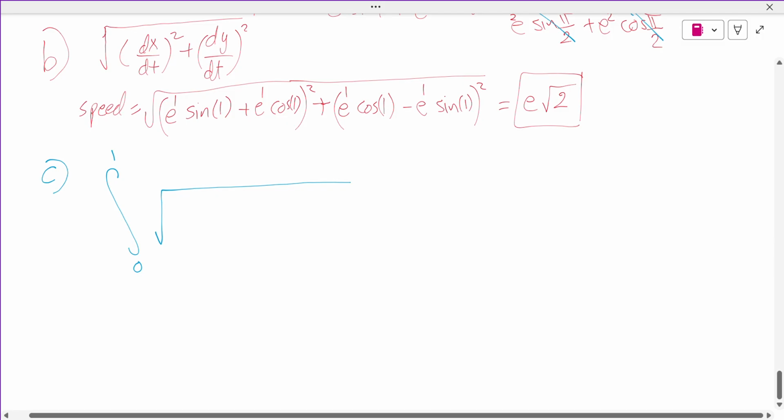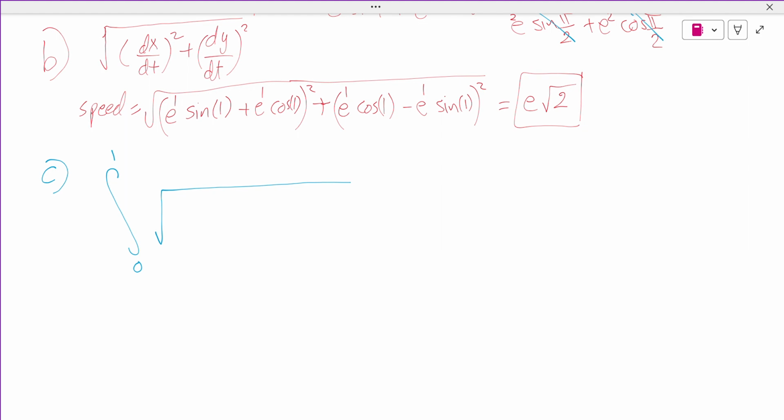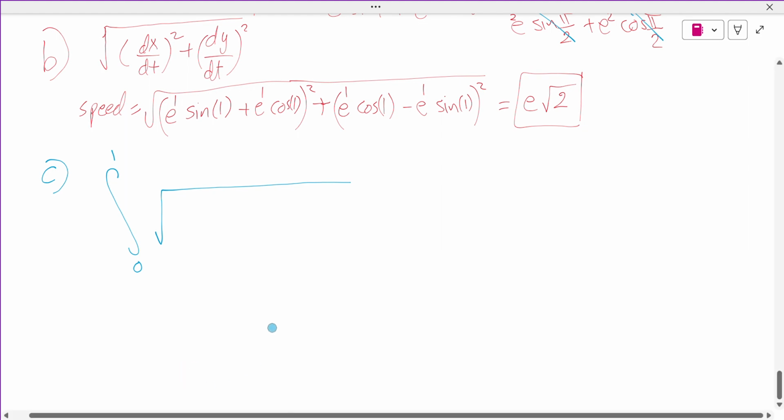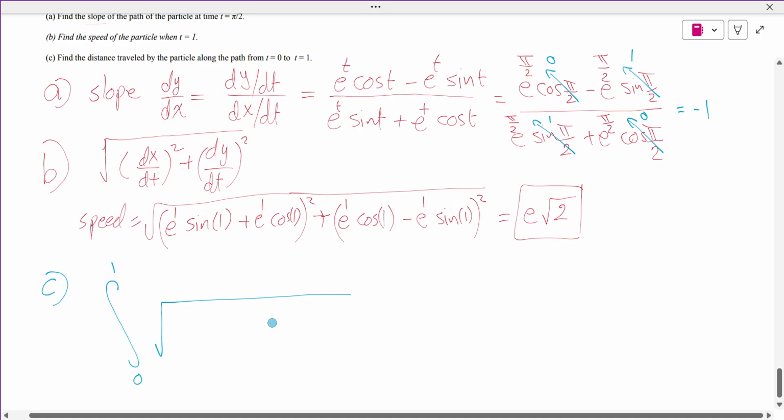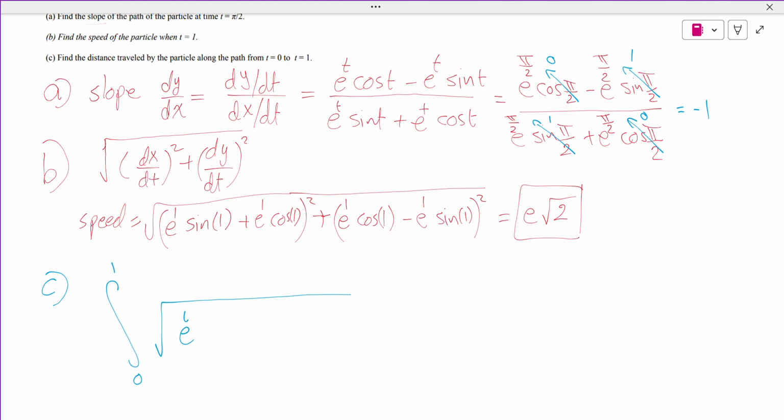dx/dt, which is, let me just scroll down a little bit. Okay, so this is going to be (e to the power of t sine t plus e to the power of t cos of t) all squared plus (e to the power of t cos of t minus e to the power of t sine of t) all squared.